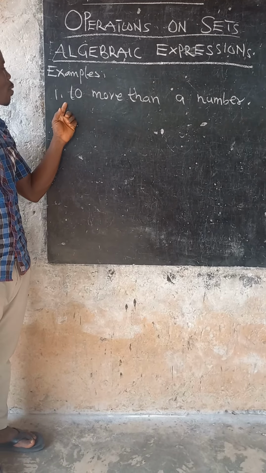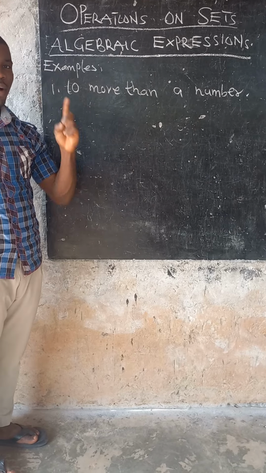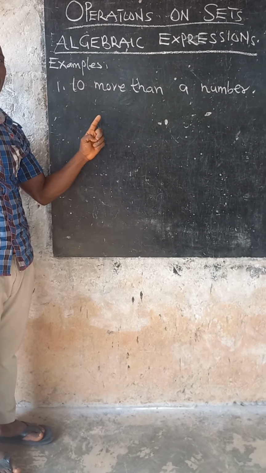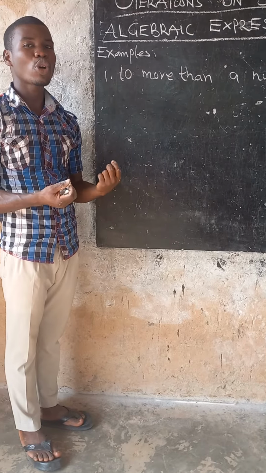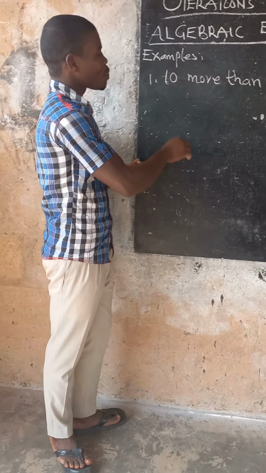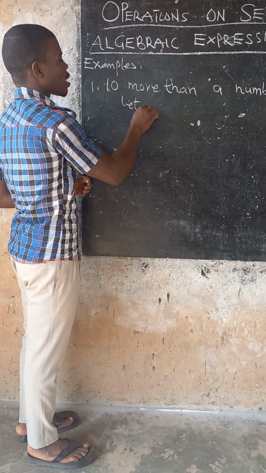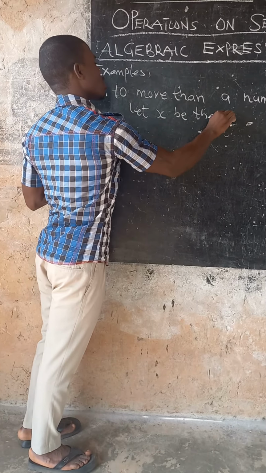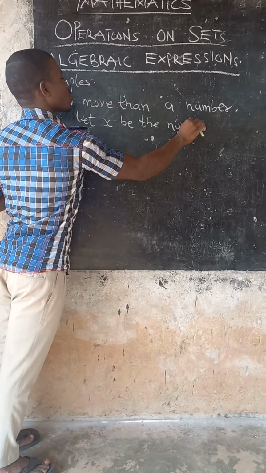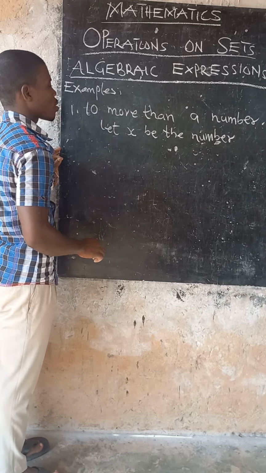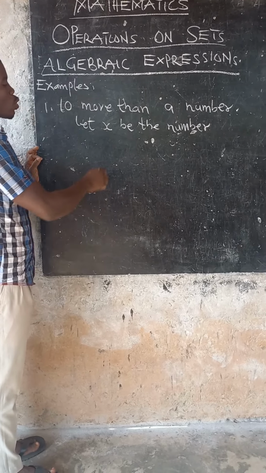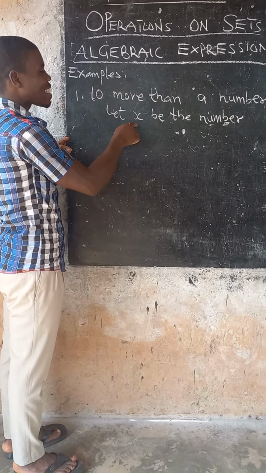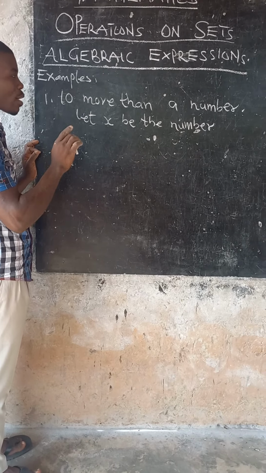The first example is saying 10 more than a number. The number we don't know. So let x be the number. So here it is saying that let x be the number that we did not know.